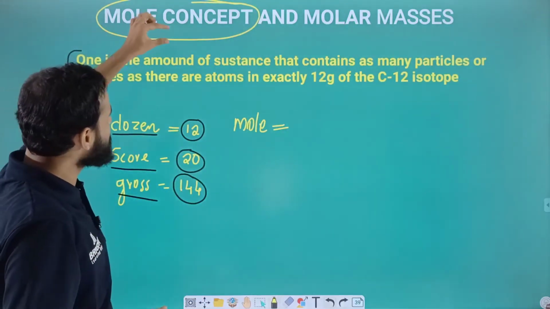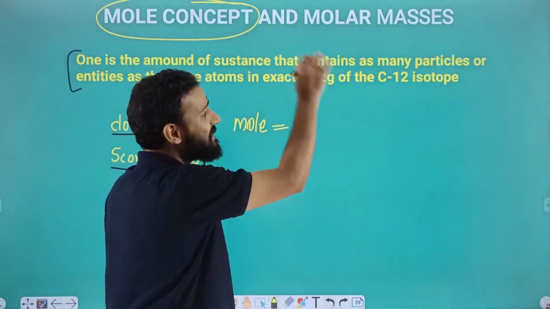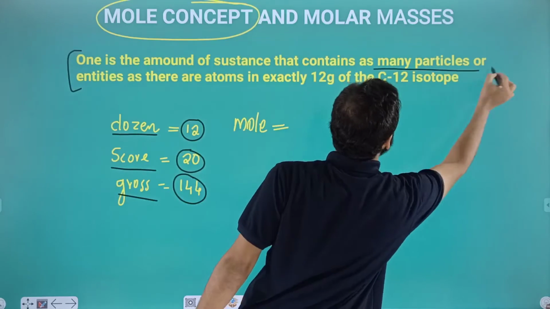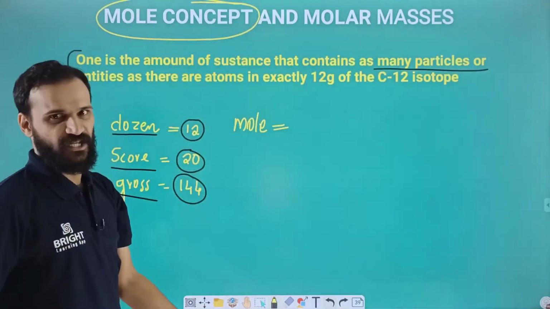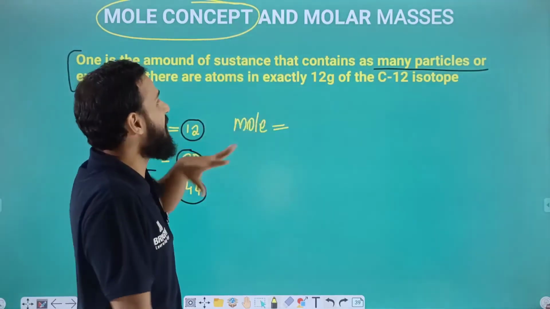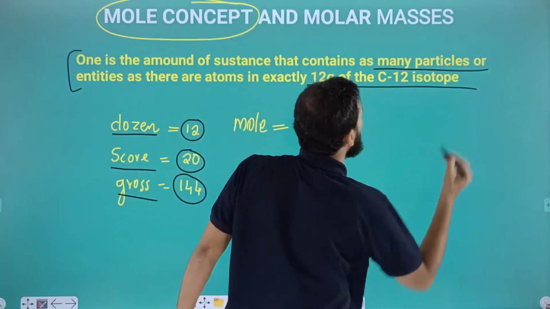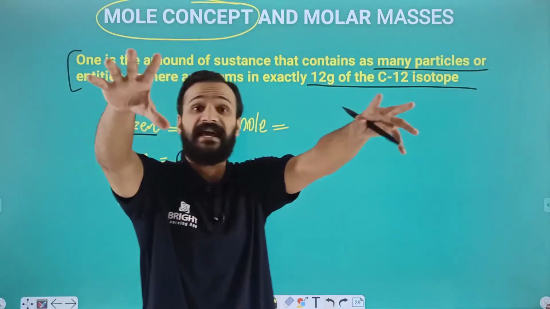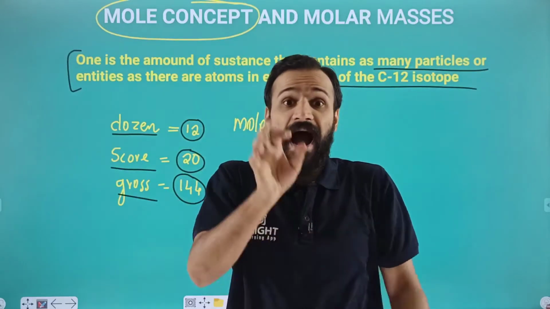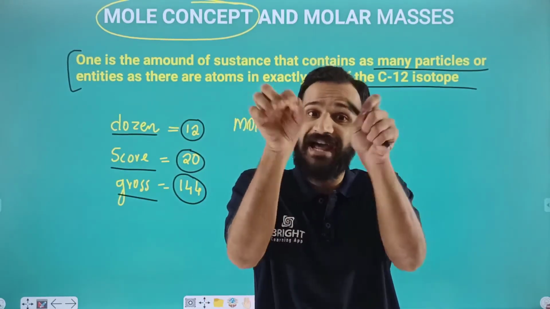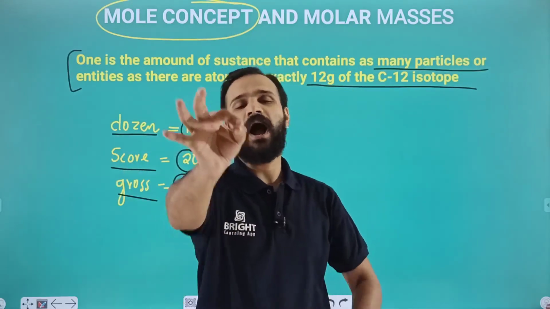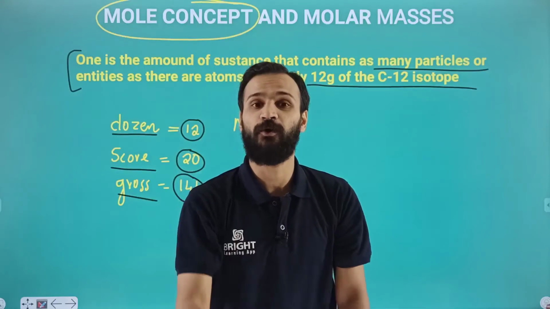So 1 mole is the amount of substance that contains as many particles or entities as there are atoms in exactly 12 gram of carbon-12 isotope. If you take 12 gram of carbon-12 isotope, the number of carbon-12 atoms present in that 12 gram is equal to the Avogadro number. That is equal to 1 mole.